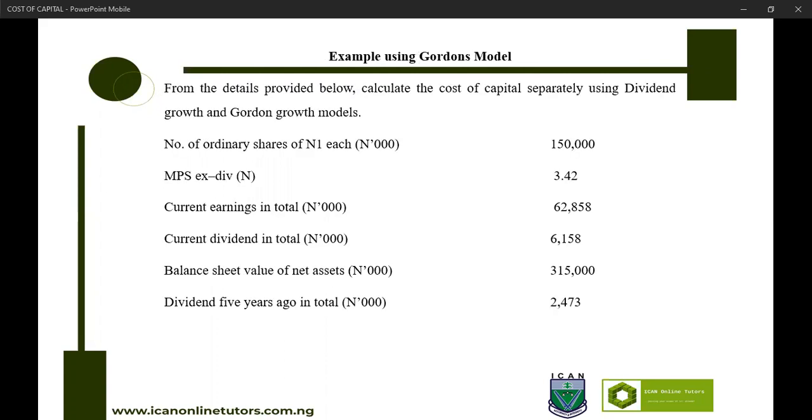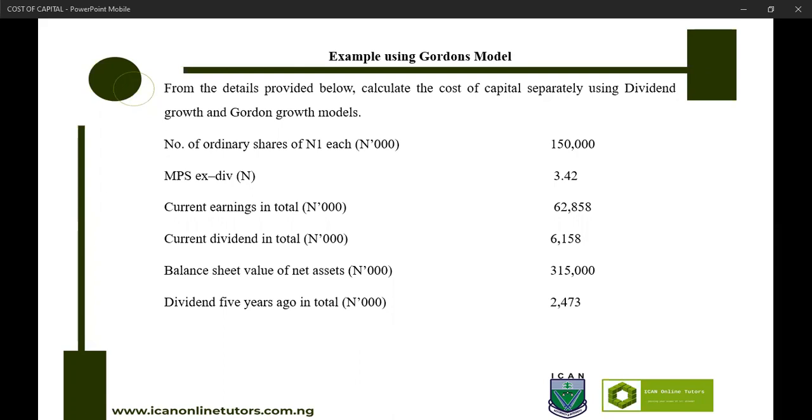Let us take a look at this sample to illustrate using the Gordon's growth model. From the details provided below, we are to calculate the cost of equity separately using the dividend growth model and Gordon's growth model.